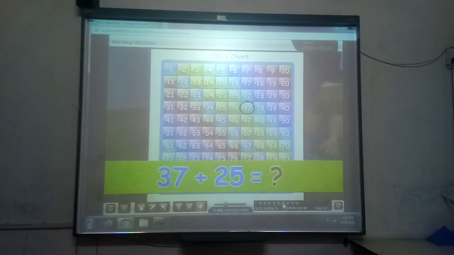Next, expand 25 as 20 plus 5. To add 20 and 5, first move 2 rows down. Then move 5 places right. This brings us to 62. 37 plus 25 equals 62.